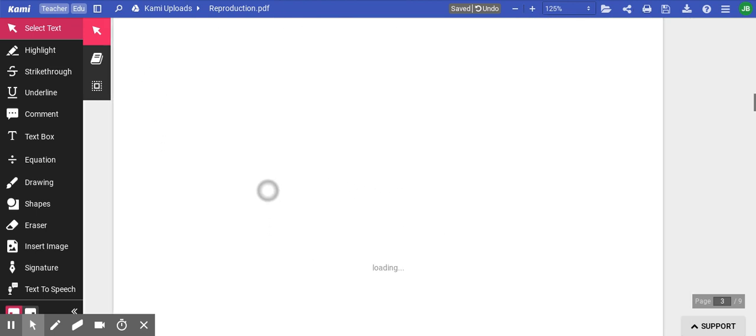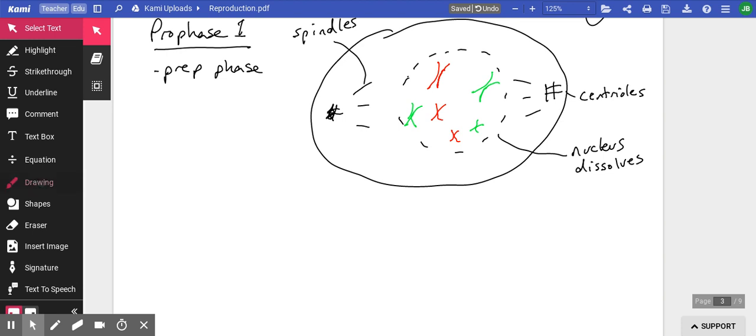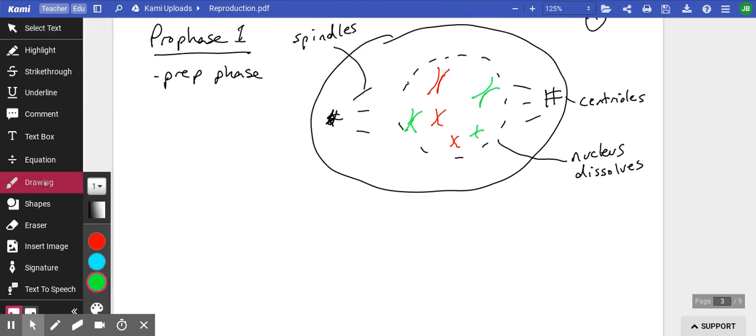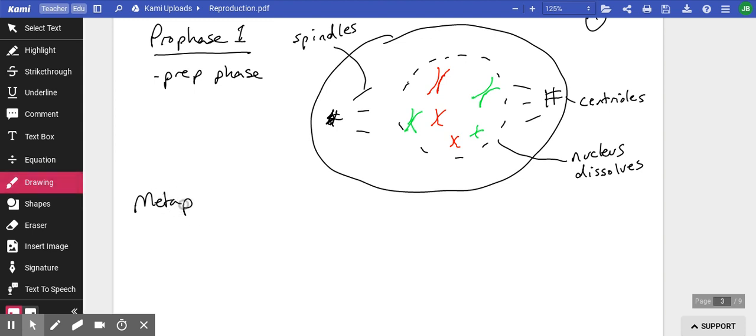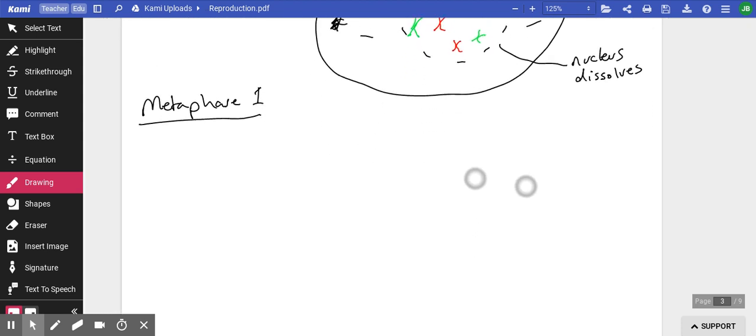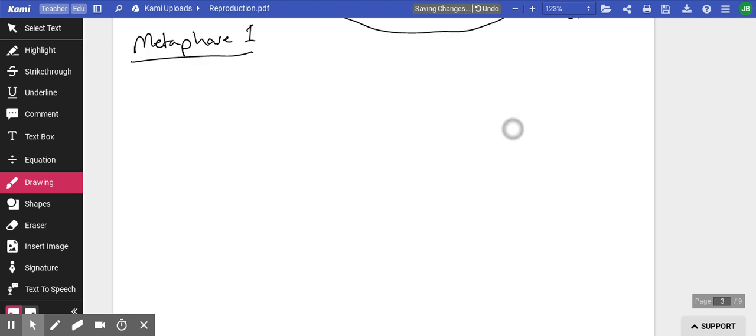So next up is metaphase 1, and this is the really exciting phase. This is when a lot of good stuff happens. Okay, so in metaphase 1, we start out with our cell.